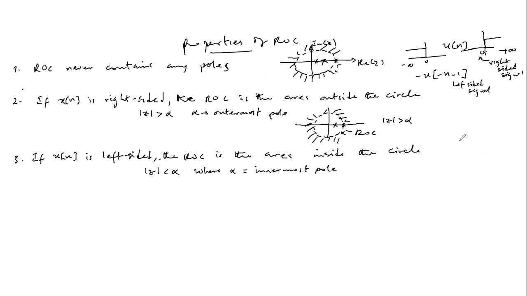So here, something like this. So this is the innermost pole, because don't forget the first point, the region of convergence never contains any pole. So this becomes the region of convergence, okay? This is ROC, the region of convergence, okay? And this is imaginary Z, this is real Z, and here mod of Z is less than alpha.